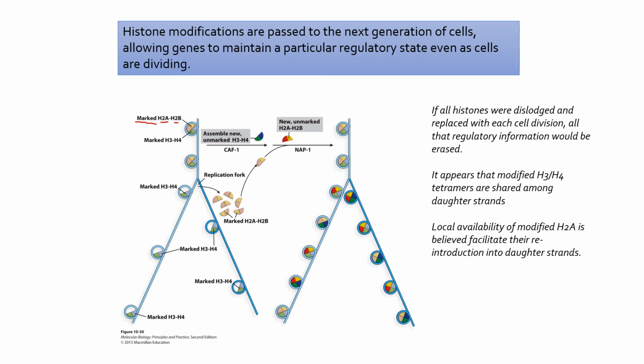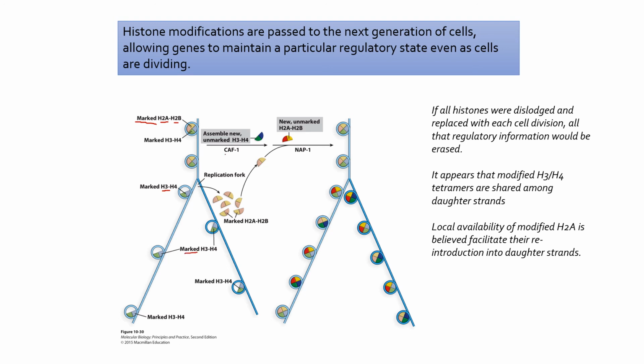So this is the same slide we had earlier when we talked about chromatin. I just want to remind you. So as the replication fork passes through and the nucleosomes had to be disassembled, the marked H3 and H4 are assembled right away as soon as replication is done. It's very important to get those nucleosomes repackaged just for their protection and for their packaging, and also to maintain whatever regulatory marking has been put on them.